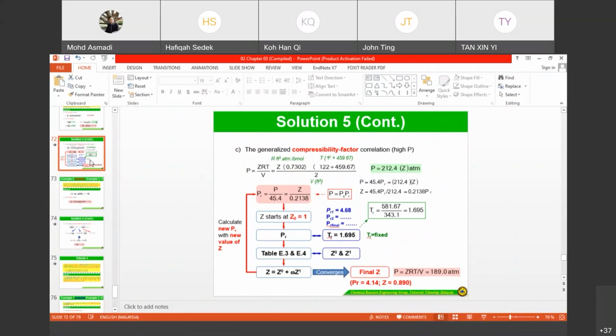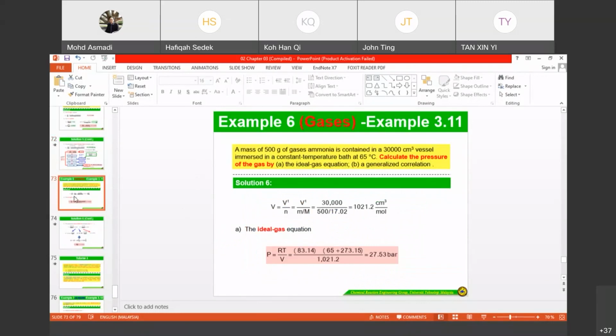And then another example. If you look at here, by using ideal gas, a mass of 500 gram of ammonia gas is contained in a 3000 cubic centimeter vessel immersed in a constant temperature bath at 65 degrees C. Calculate the pressure of the gas, first by ideal gas and also by generalized correlations.